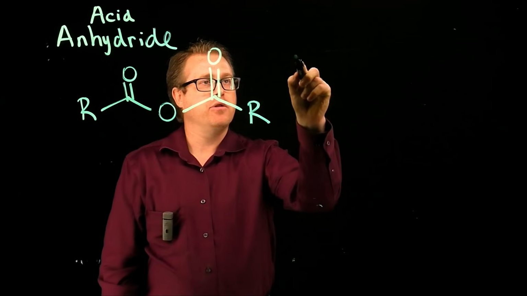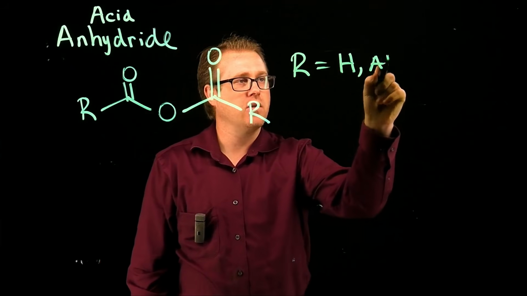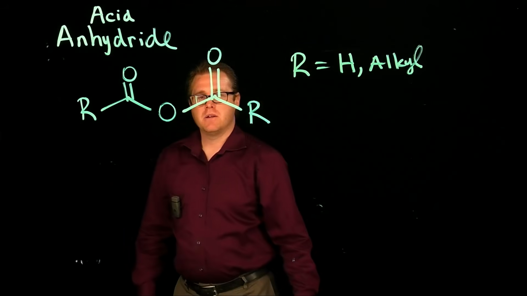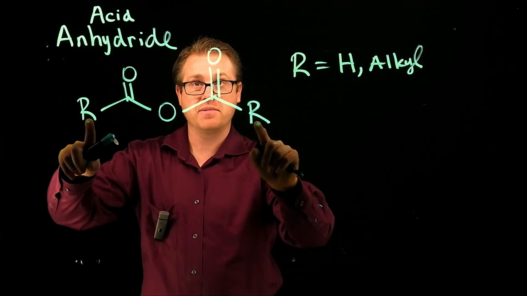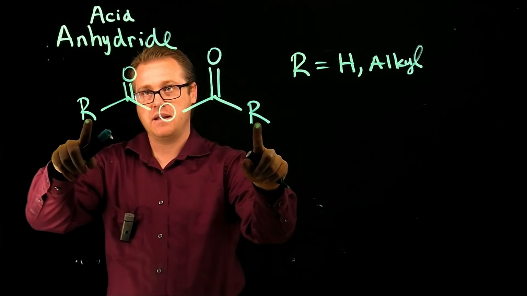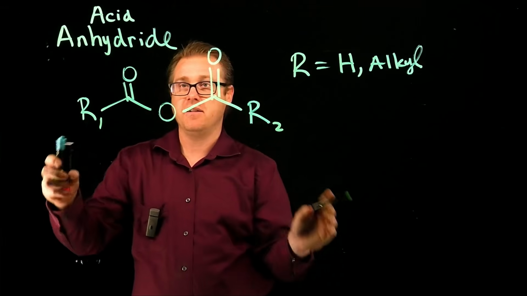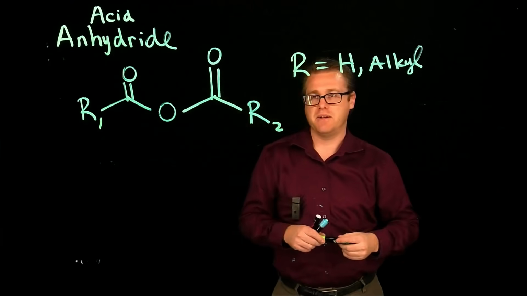So the R groups right here can be hydrogens or alkyl. If these alkyl groups are exactly the same, then you have a symmetrical anhydride. If the two R groups are different from one another, then it is an unsymmetrical anhydride.